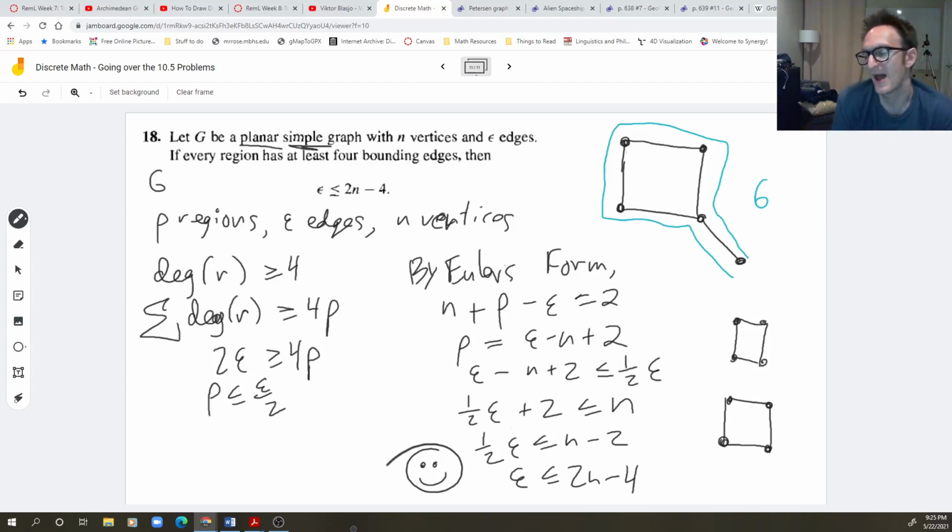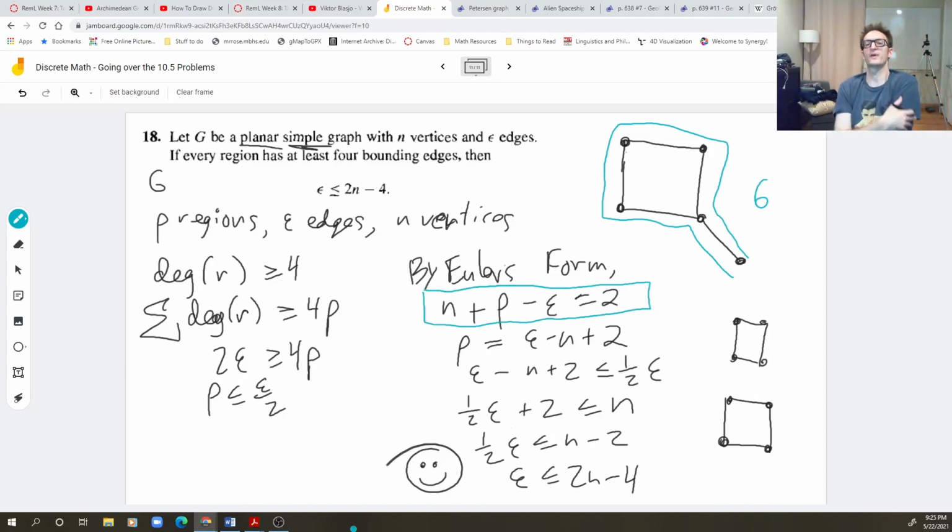And in fact, if your graph is disconnected, then there is a theorem that says that this is not 2, but in fact it's even more than 2 or something like that. I'll stop there.